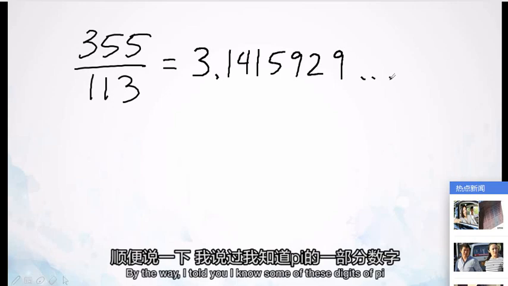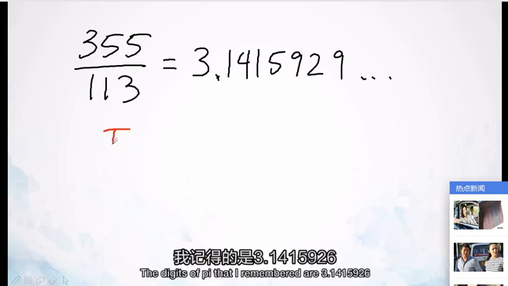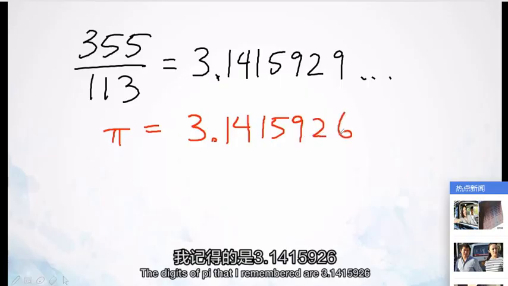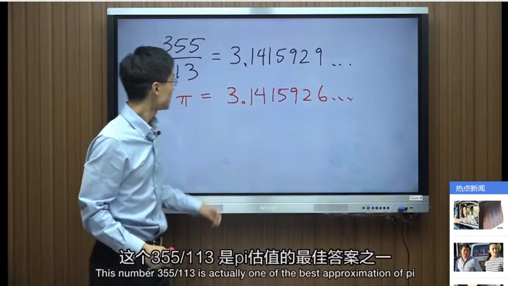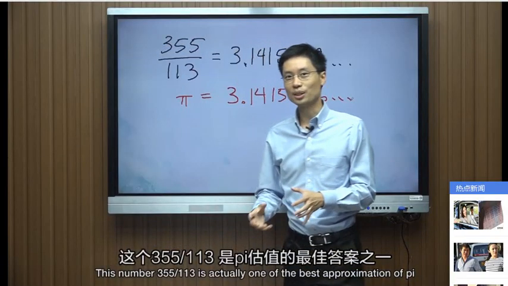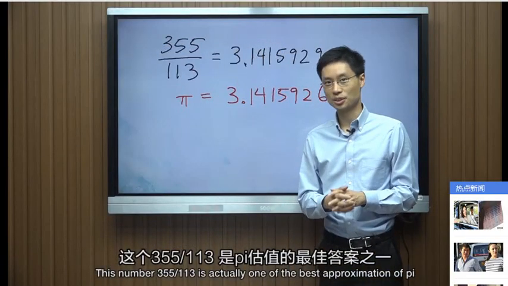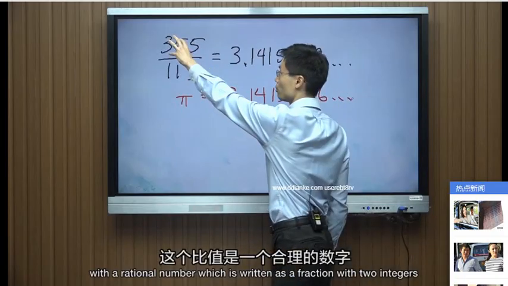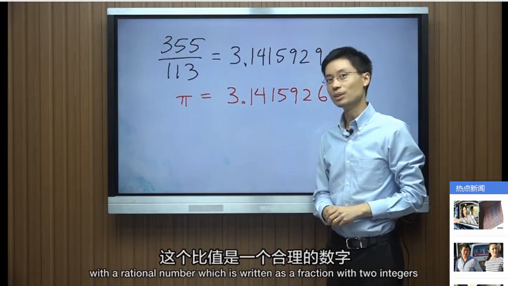By the way, I told you I know some of the digits of pi. The digits of pi that I remember are 3.1415926. This number, 355 over 113, is actually one of the best approximations to pi with a rational number, which is written as a fraction with two integers.